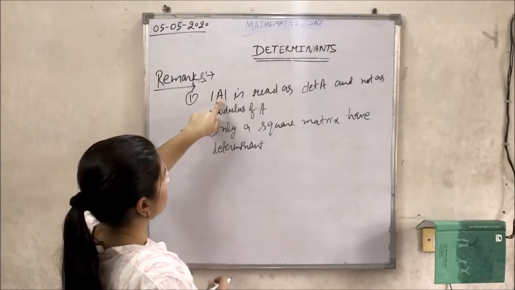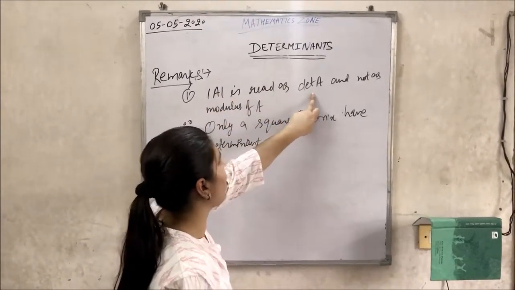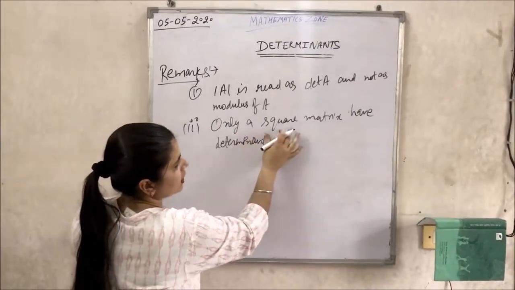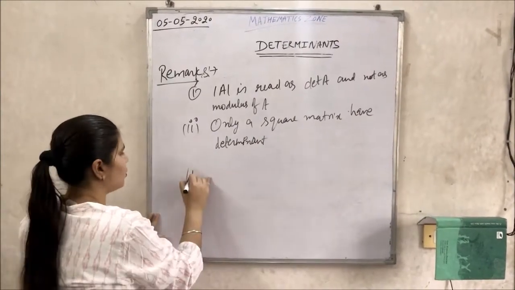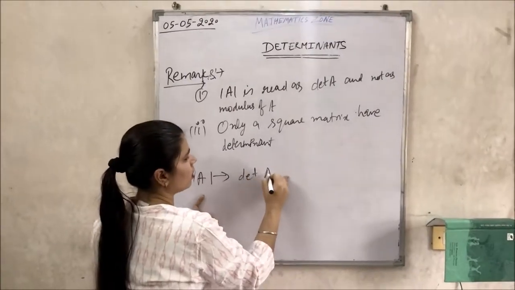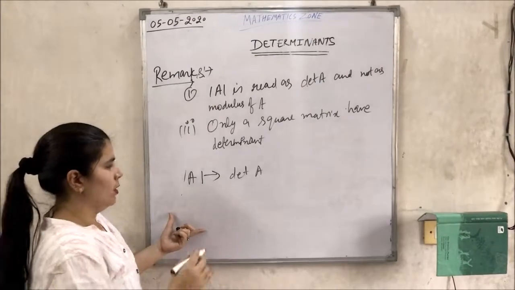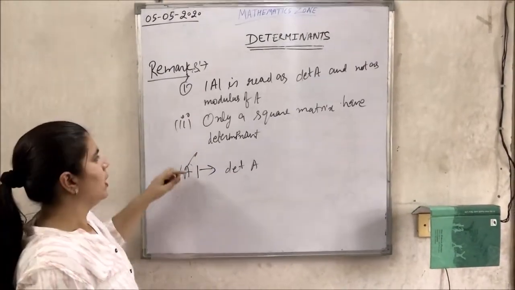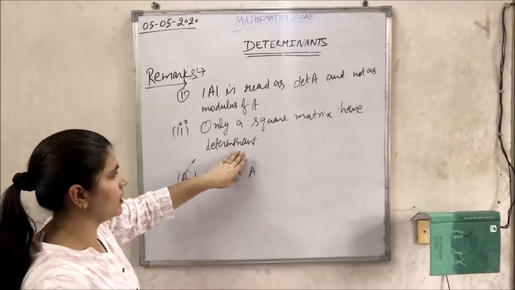First one is that mod of A is read as determinant of A and not as modulus of A, because here A is a matrix and not a number. And second thing is that only a square matrix has a determinant.